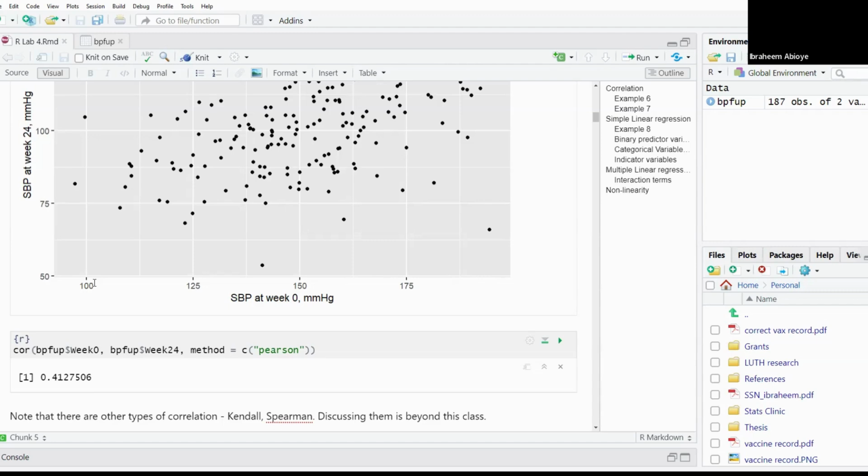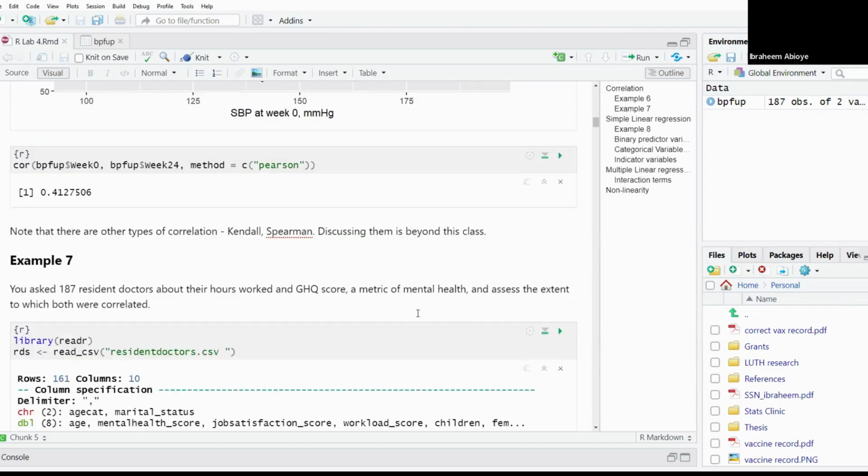It essentially correlates the ranking of one variable to the ranking of the next. The Spearman correlation has value in certain statistics, but that's not what we're using here. We're using the Pearson correlation, which is the more commonly seen correlation statistic. Okay.